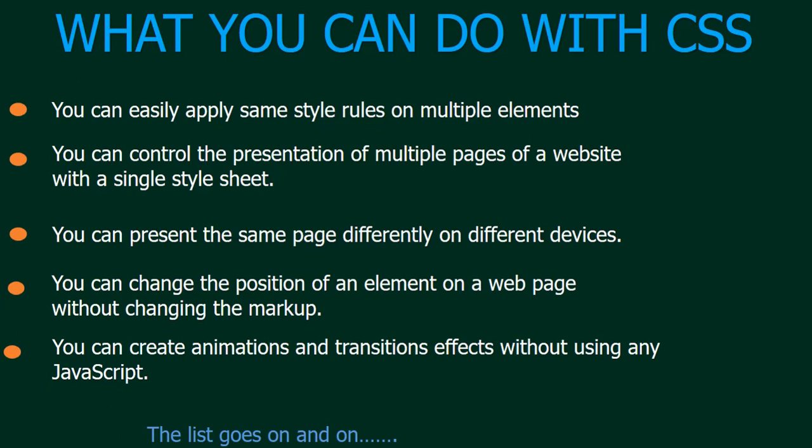You just leave the markup which you've designed with HTML, and then with your CSS you start to change the elements which you've used in your HTML markup. With CSS, you can create cool animations and transition effects without using any JavaScript. At first, animations and transitions on websites used to be done with JavaScript, but CSS3 has added features so that you can use only CSS to do that without any knowledge of JavaScript.